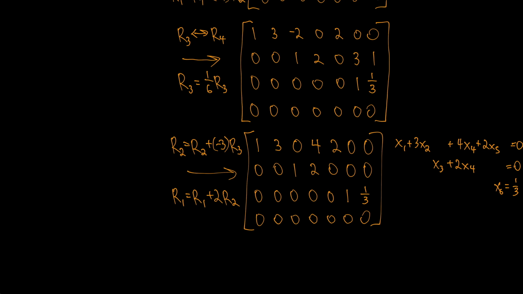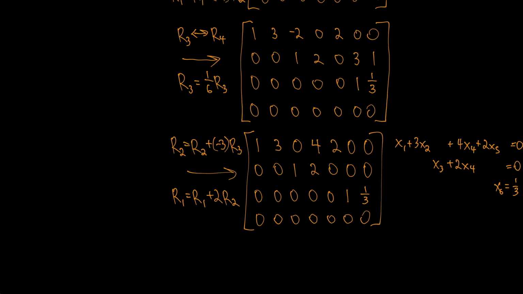Okay, nice. So that means that I can solve for my leading variables. Notice that would be the x1, because that's the leading one, the x3 for that, and then the x6.